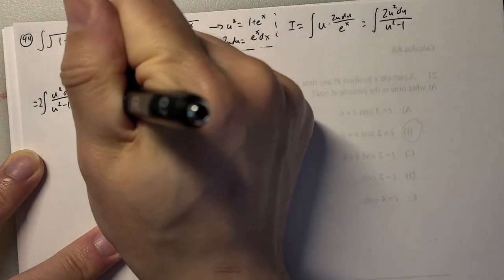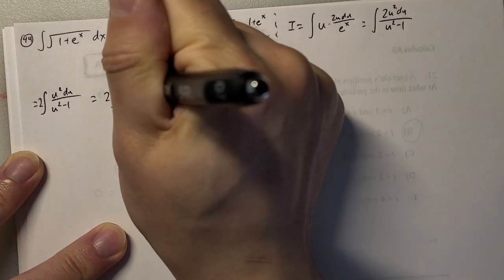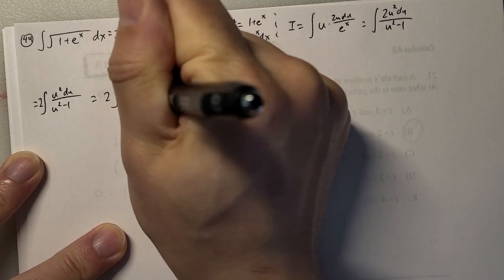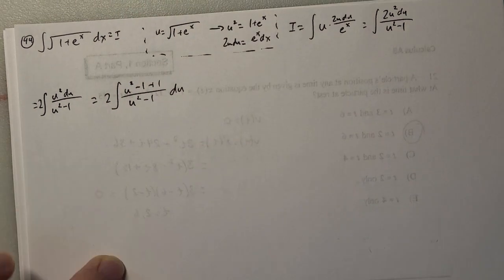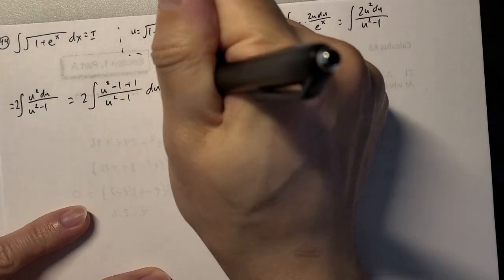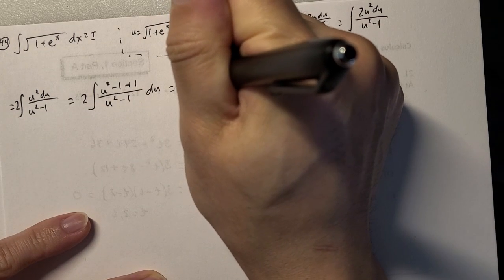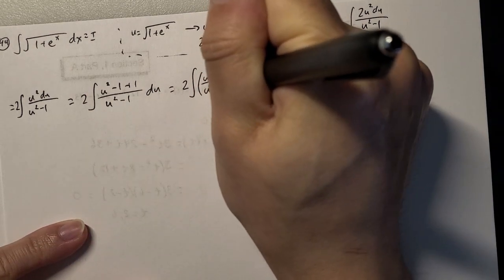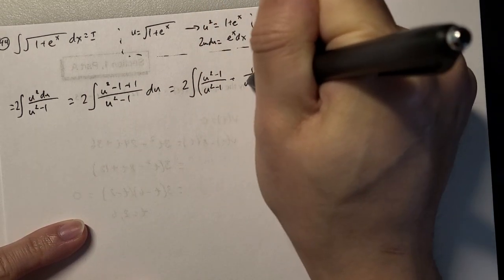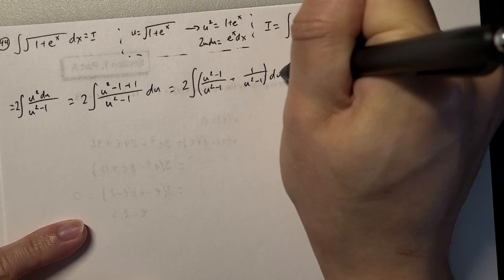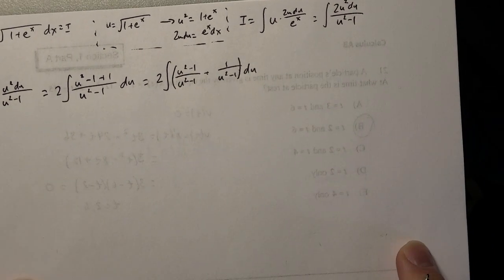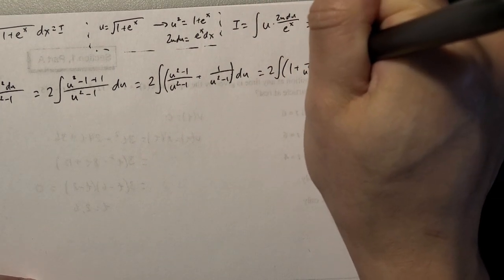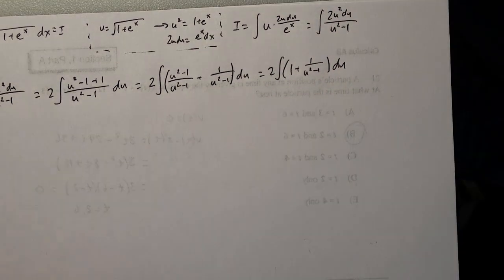Instead of doing long division, you can do this hack: the integral of u squared minus 1 plus 1 over u squared minus 1 du. Why would I want to do that? It'll be 2 times the integral of u squared minus 1 over u squared minus 1, plus 1 over u squared minus 1, du. And this simplifies to 2 times the integral of 1 plus 1 over u squared minus 1 du.